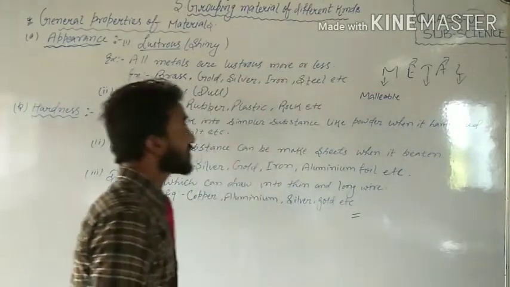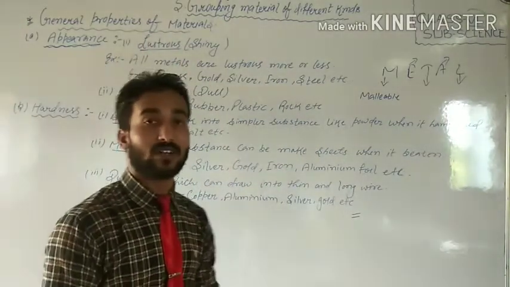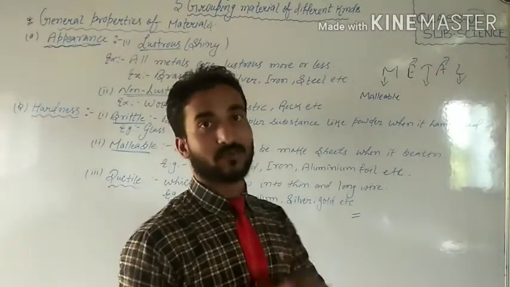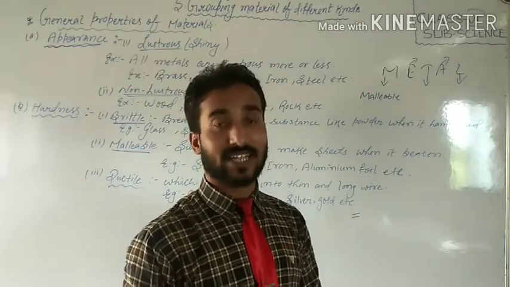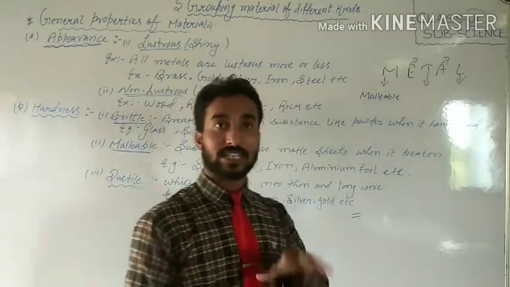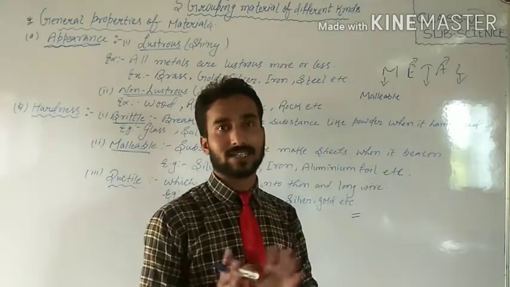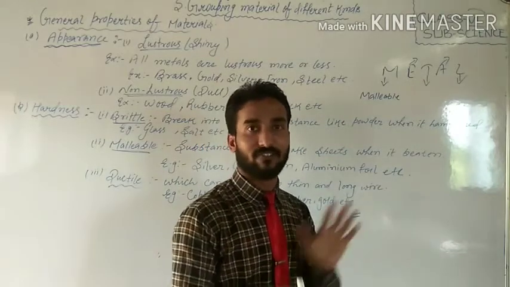On the basis of appearance, a few objects may be lustrous and a few may not. But the lustrous ones are all metals. If any object is shining somewhere, you can say it is a part of metals, less or more.